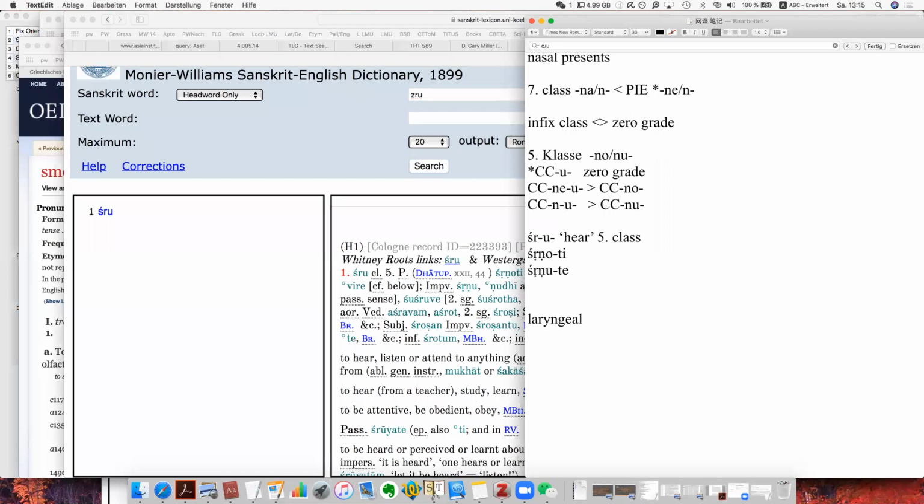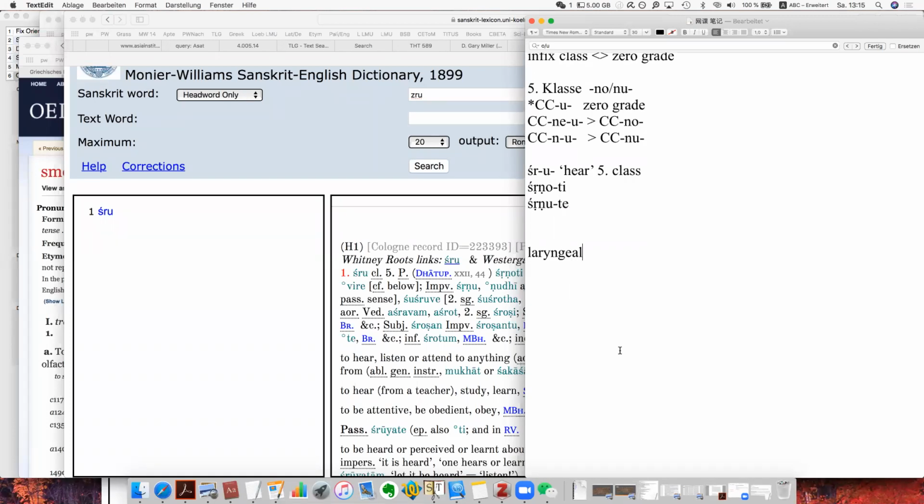I'm sure it is one of the least known points if you learn Sanskrit, Greek, or Latin in China, because the teachers usually don't mention the laryngeal. But the laryngeal is very important in explaining the forms in all these ancient languages.